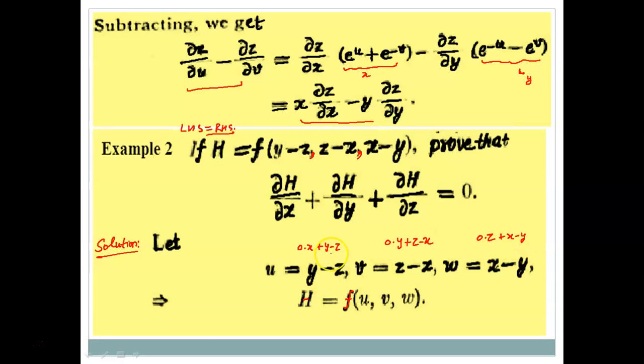Now from this type of interpretation, we can consider u as a function of three variables x, y, and z. Similarly, this v can also be considered as a function of three variables x, y, and z. And again, w is also a function of three variables x, y, and z. Now see what happens.